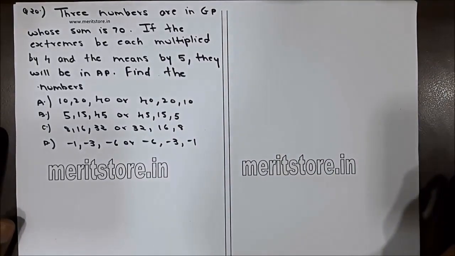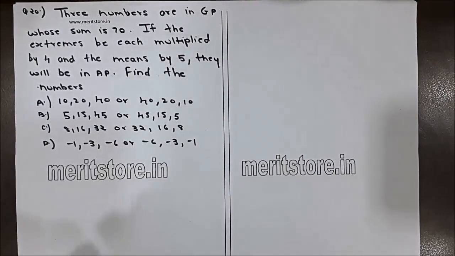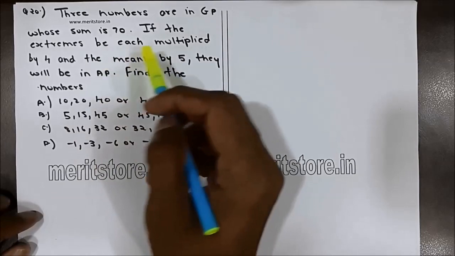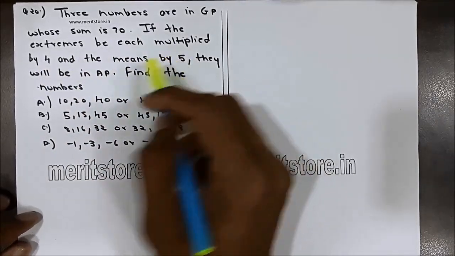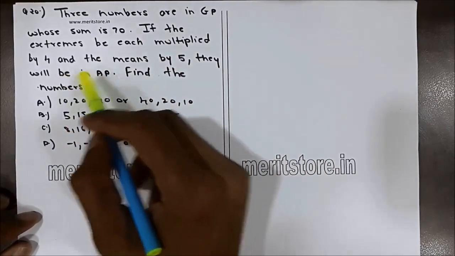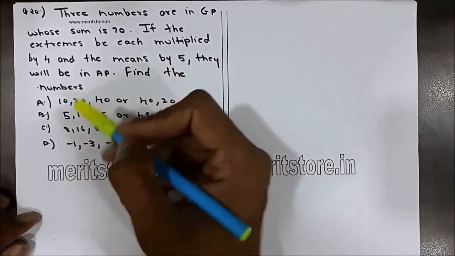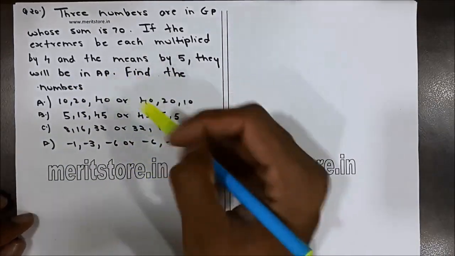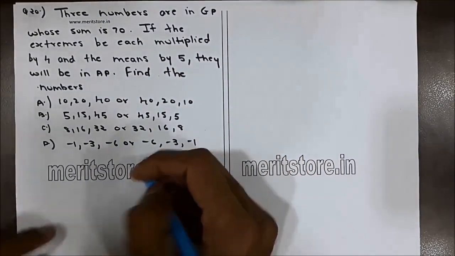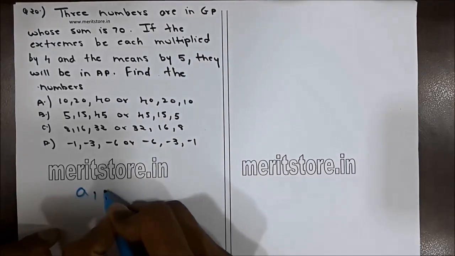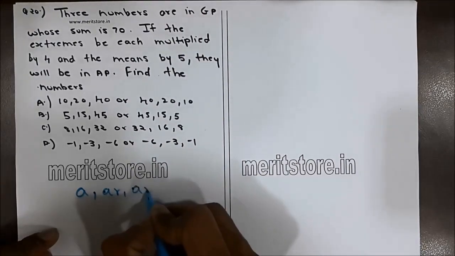Question 20. 3 numbers are in GP whose sum is 70. If extremes be each multiplied by 4 and the means by 5, they will be in AP. Find the numbers. We have 4 options. So let the numbers be a, ar and ar squared.